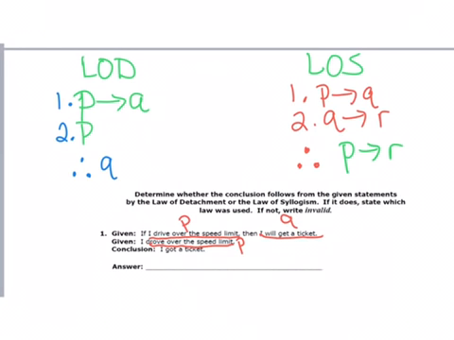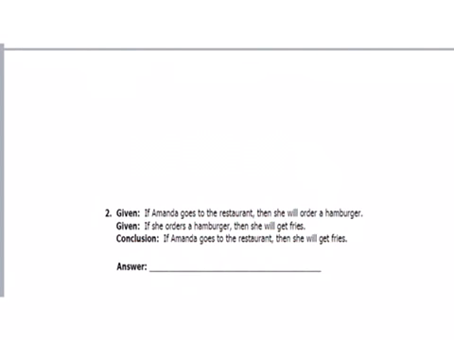So let me see if it follows my symbolic map. P to Q, P. Awesome. This follows the law of detachment. And what do you think the conclusion is? I got a ticket. Yes. Which law? Law of detachment.